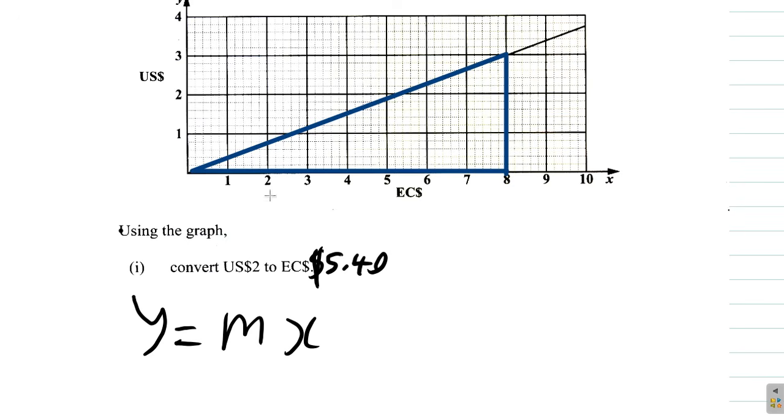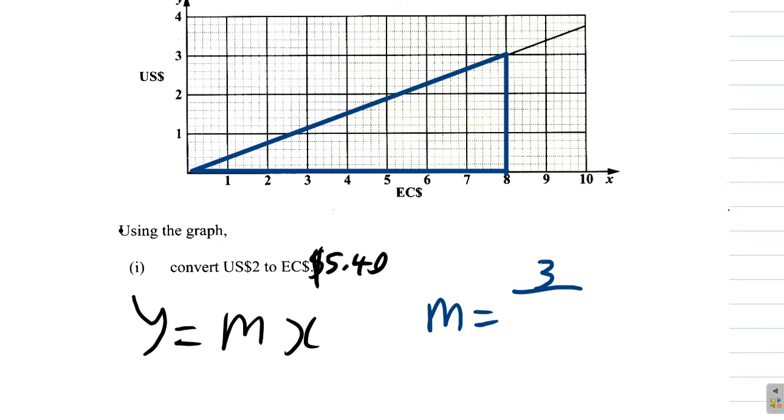How much does it rise as it moves from here to here? It rises 3. You can see that: 1, 2, 3. You can consider the 3 from any side you want, it's the same 3. The gradient is 3 divided by the run.